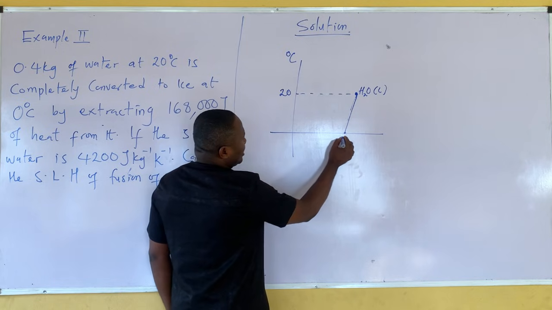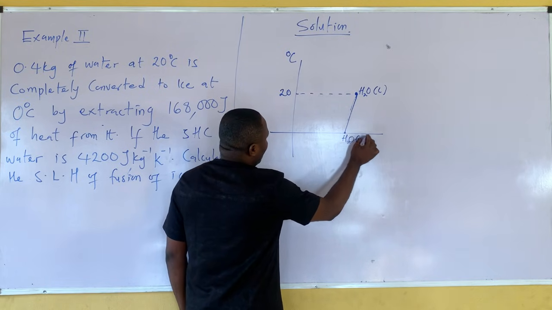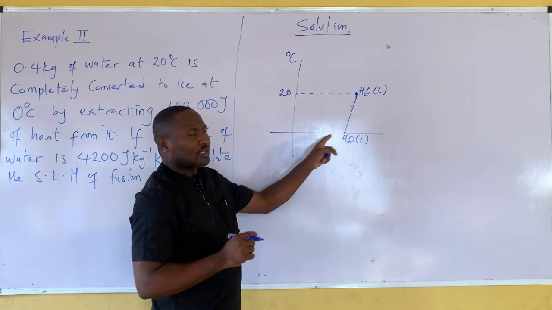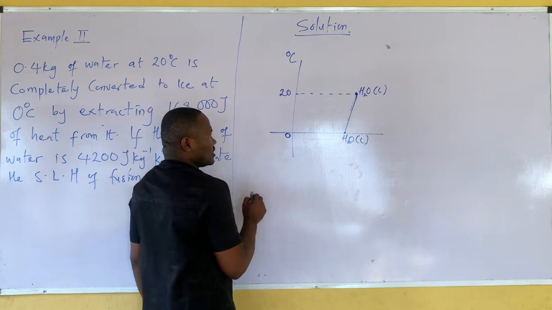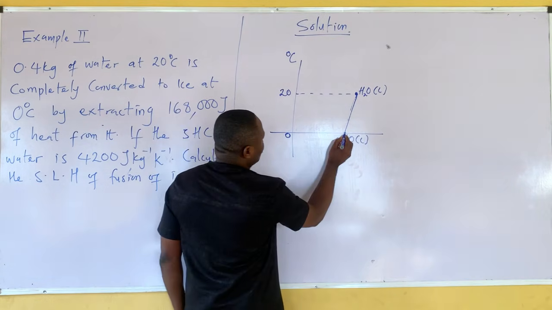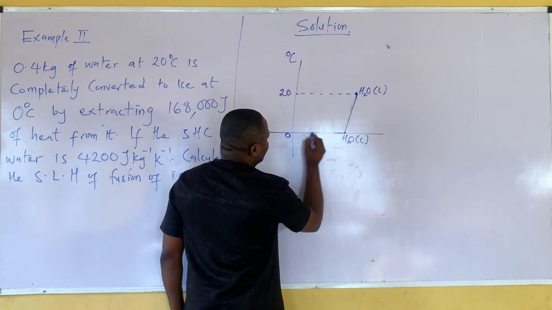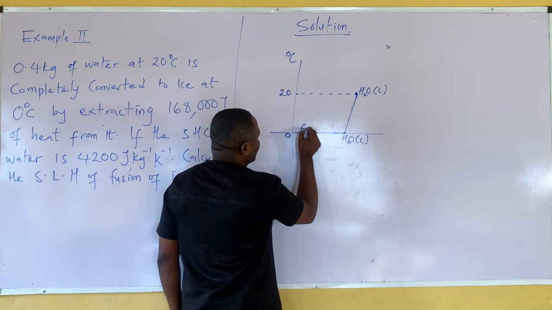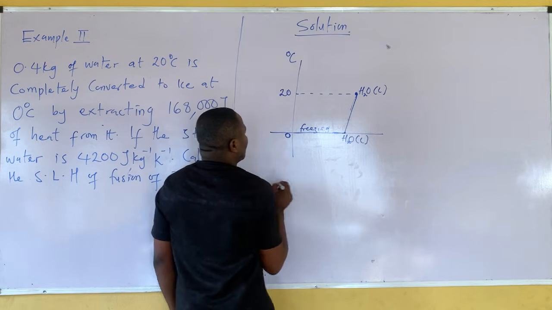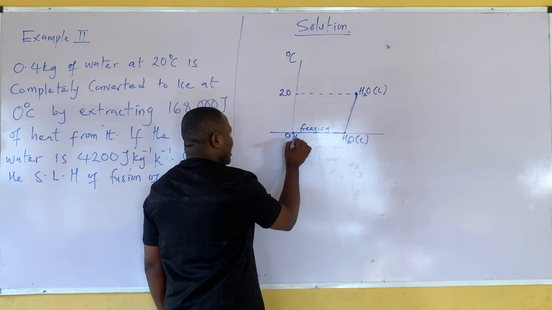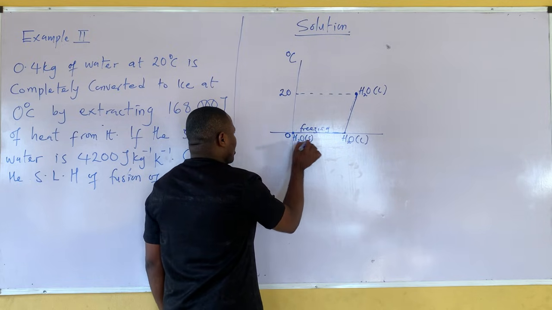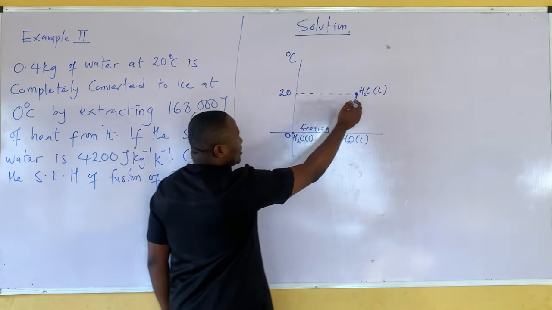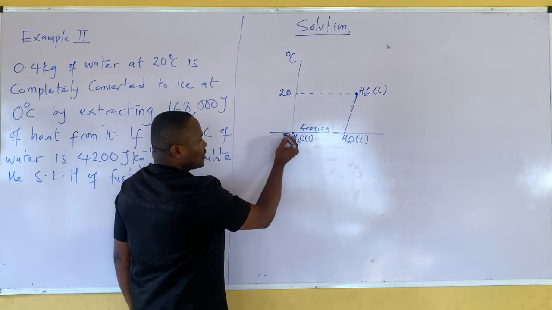But at this point, it is still H2O as liquid. So it has not been changed to ice. But remember, this is 0 degrees. So what will happen? It has to freeze. So this is freezing to ice. So this is now ice. At this point, I have H2O but solid. So water from 20 degrees Celsius becoming ice will follow this pathway.